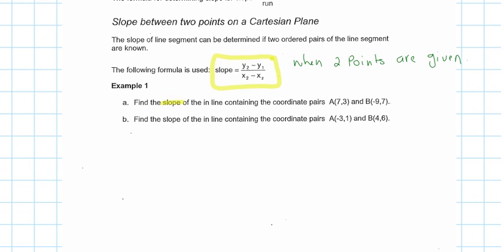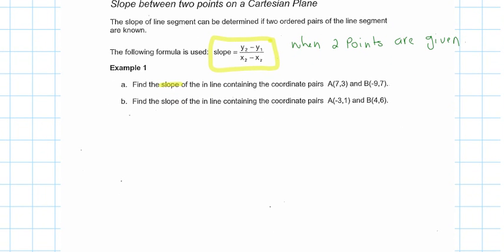The first thing that you need to do is you need to label your points. So this is my first point. A point has x and y. Every point is x, y. Yes? Okay. So here's what I'm going to label. I'm going to label my first point as x1, y1.